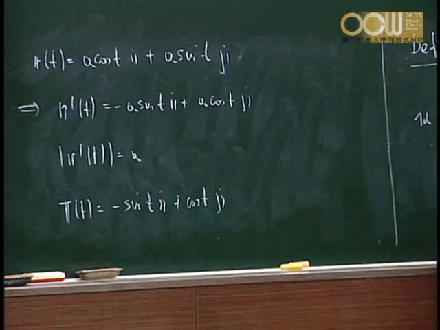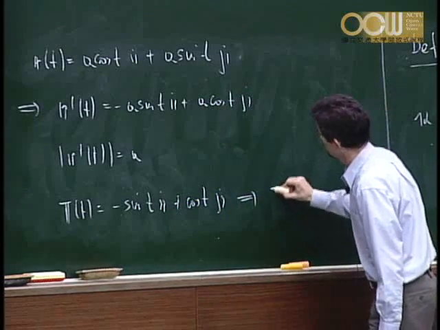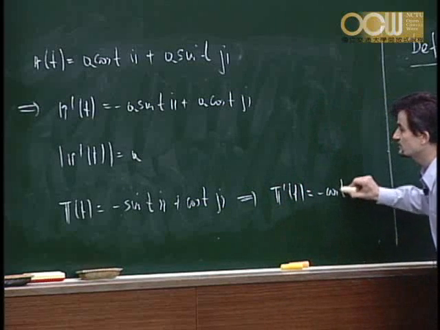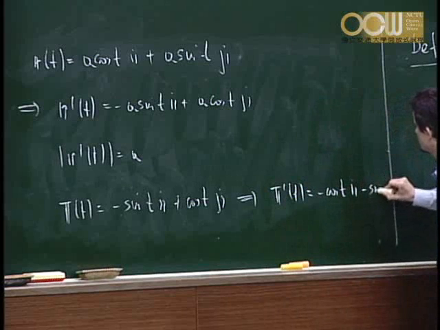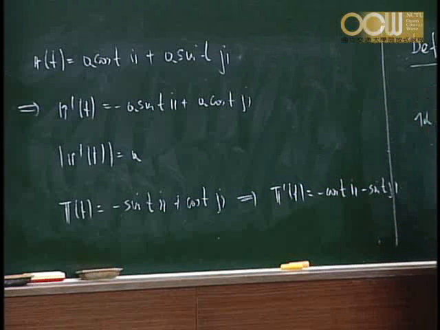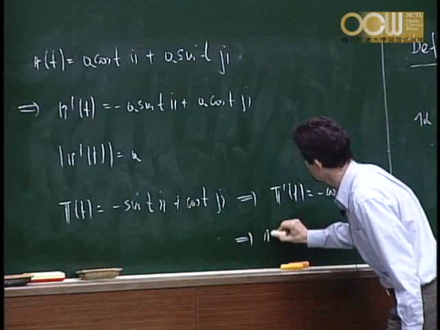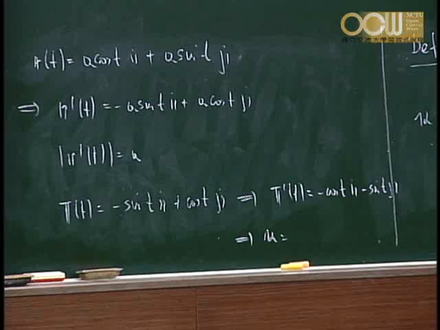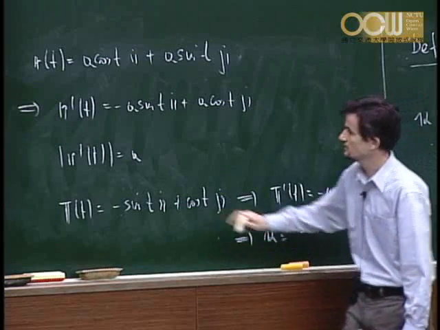And we have to take the derivative here. So the derivative is minus the cosine t i minus the sine t j. But we just need the length here. So you see that kappa is equal to the length of this one, which is 1, so 1 over a.